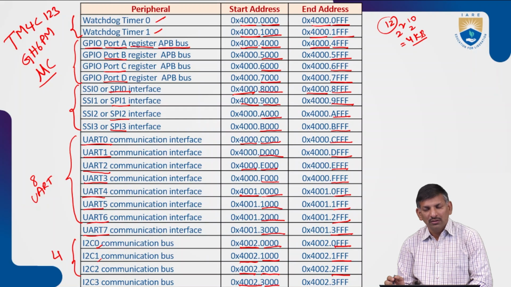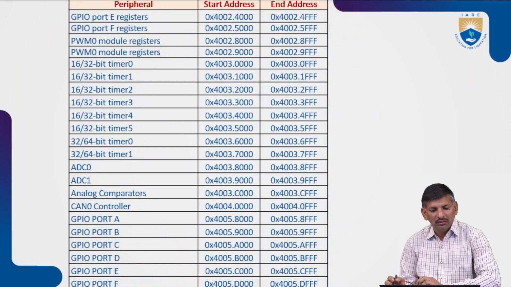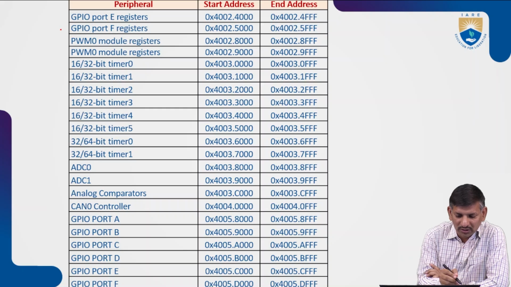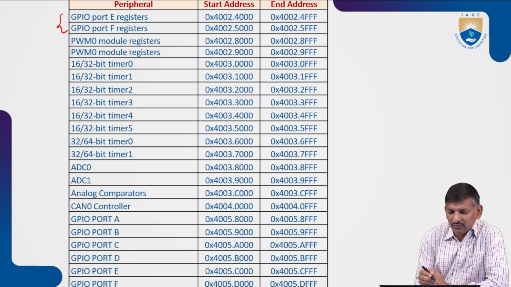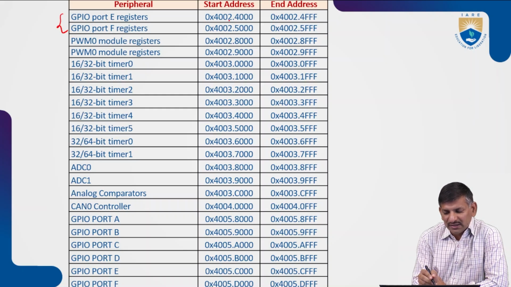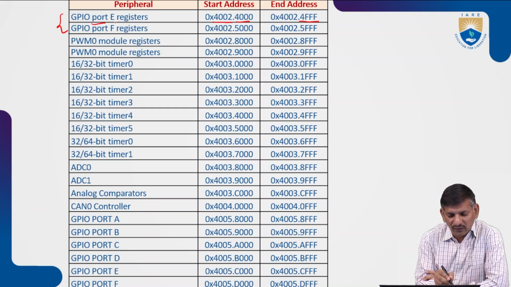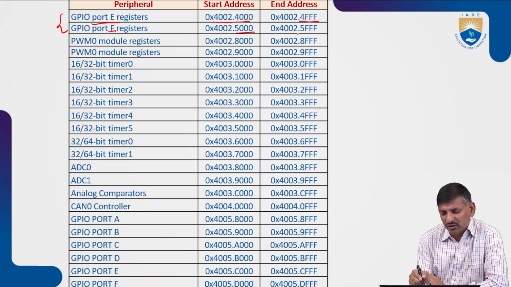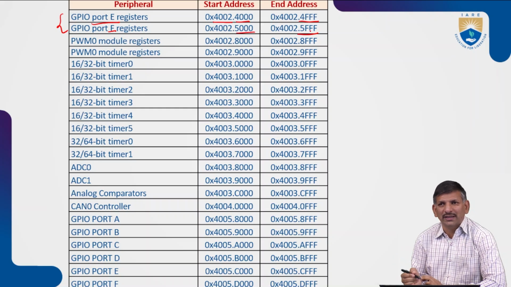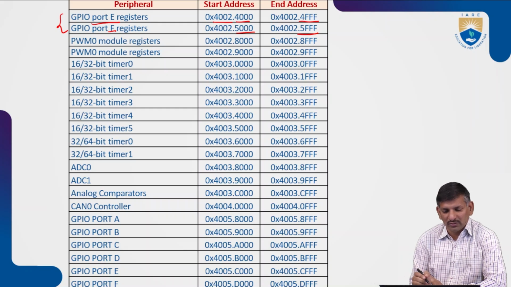Okay. Next, coming to the GPIO port E and port F. The address range is 4002 series 4000 to 4FFF. Port F, 5000 to 5FFF, plus 4 kilobytes, assigning 4 kilobytes.